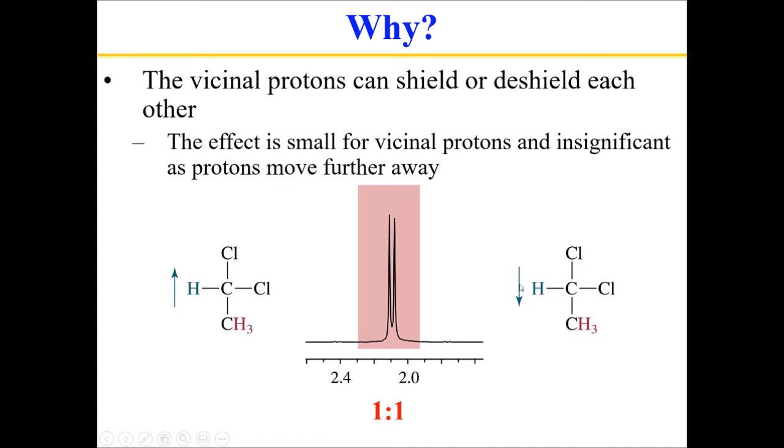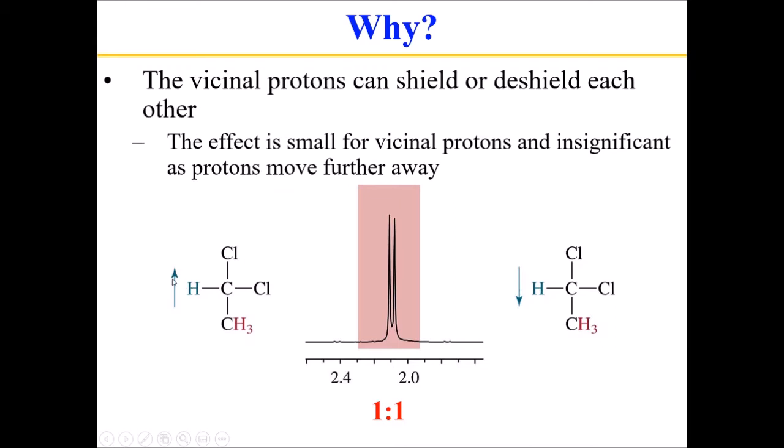What we find in an NMR experiment is that, because of the way the photons are crashed into these molecules, 50% of the time the blue hydrogen's magnetic field will line up with the externally applied magnetic field, and 50% of the time it lines up against it.